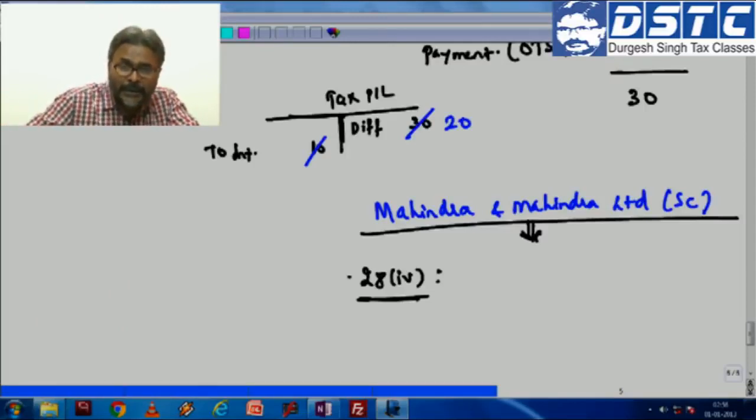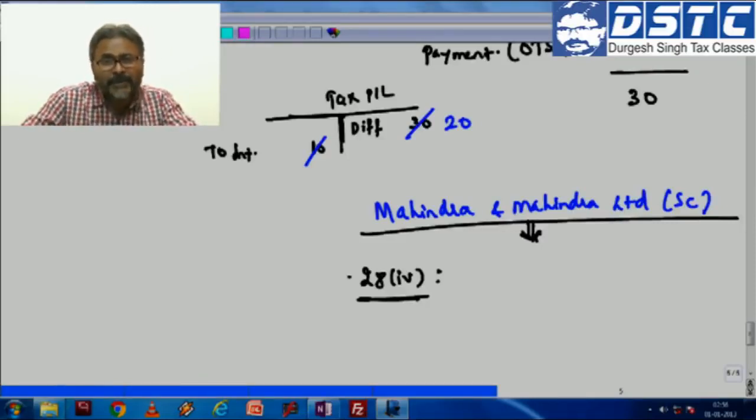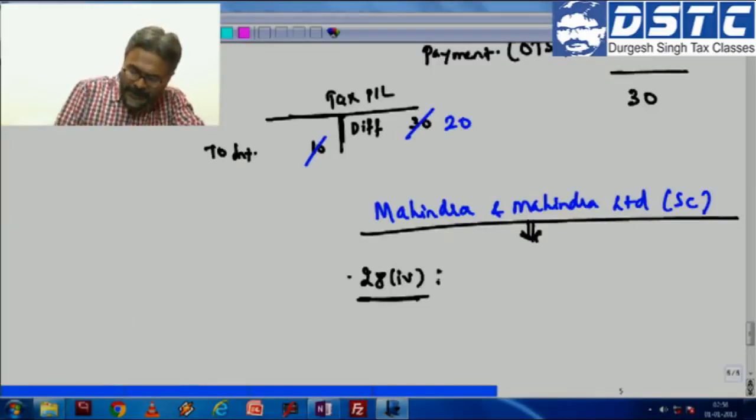So here the reference of 28(4) was being drawn by the Supreme Court, suggesting: can the waiver of a loan be considered as a non-monetary benefit or a perquisite? To that the answer is no. A waiver of loan is a monetary benefit arising from business, and hence the charge under section 28(4) will not arise.